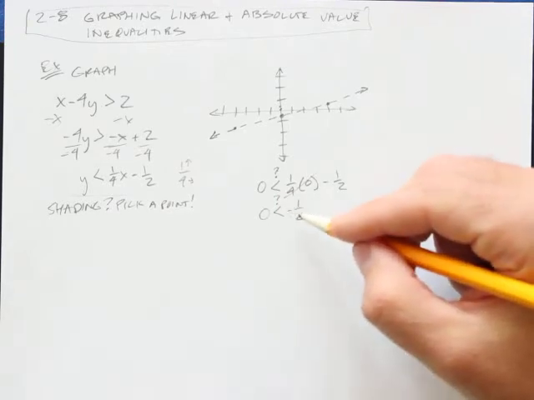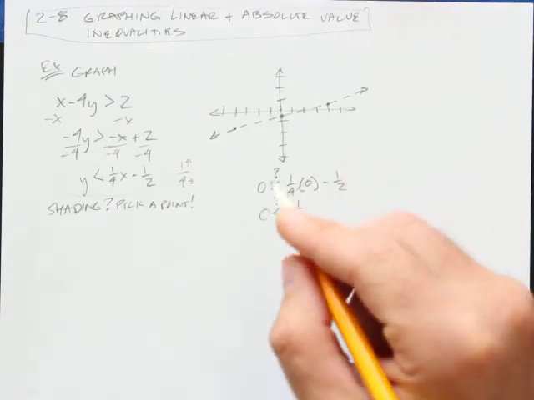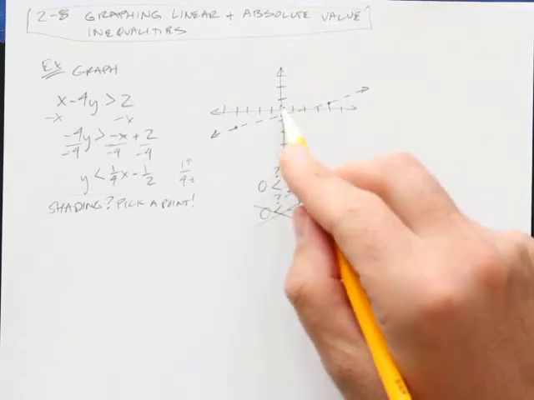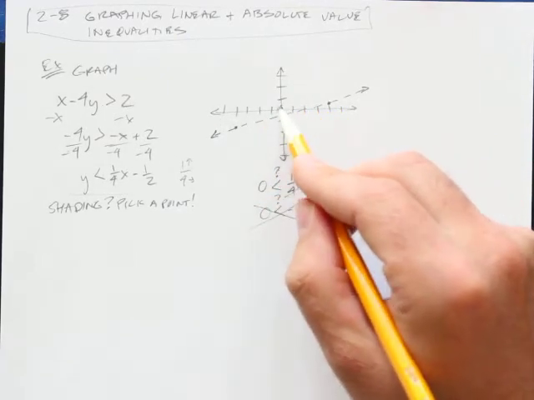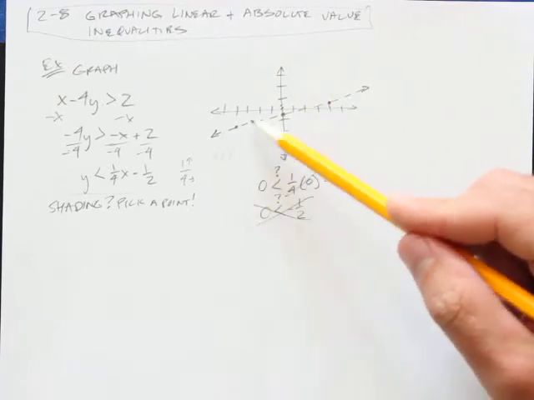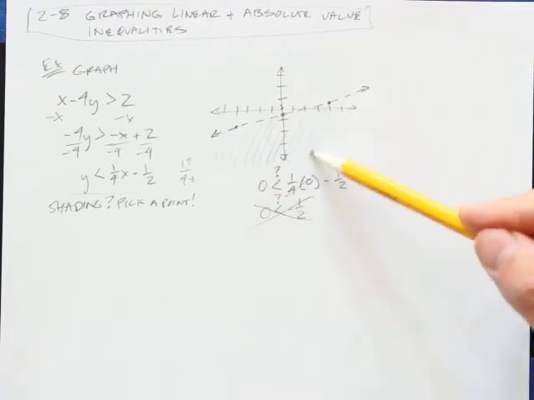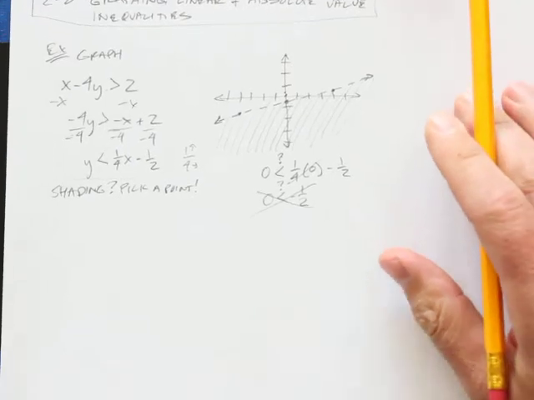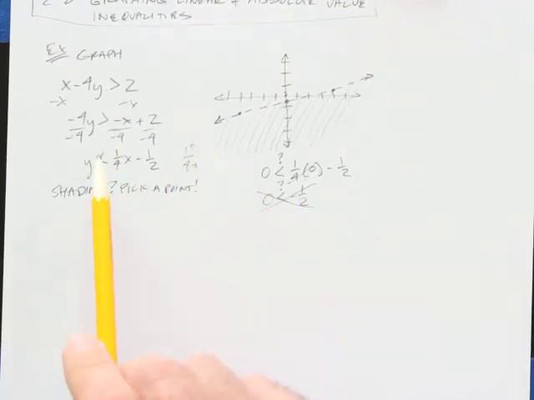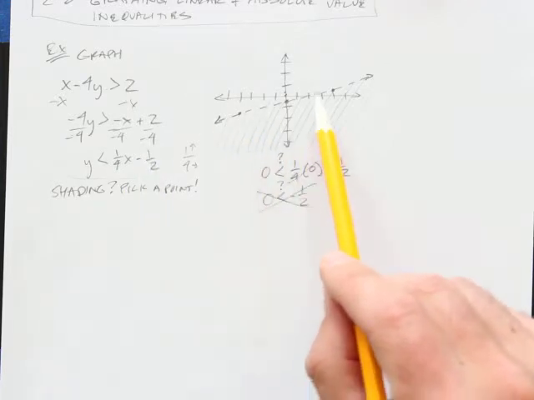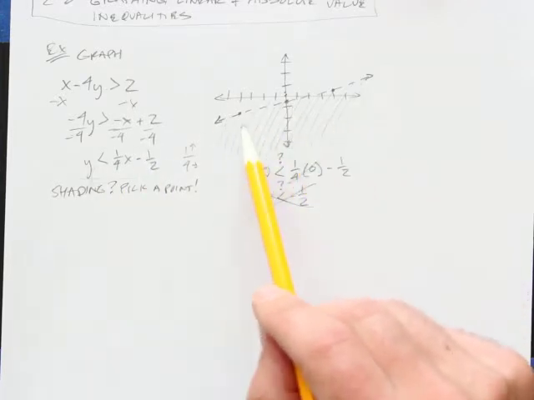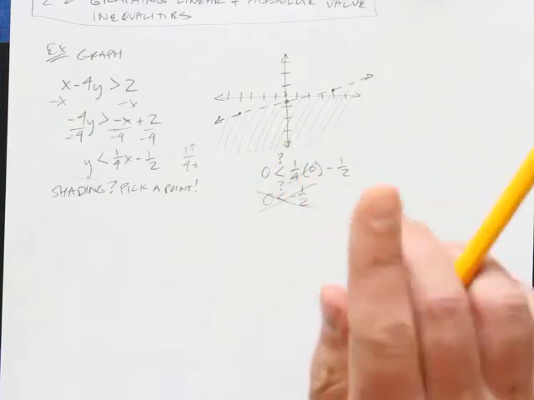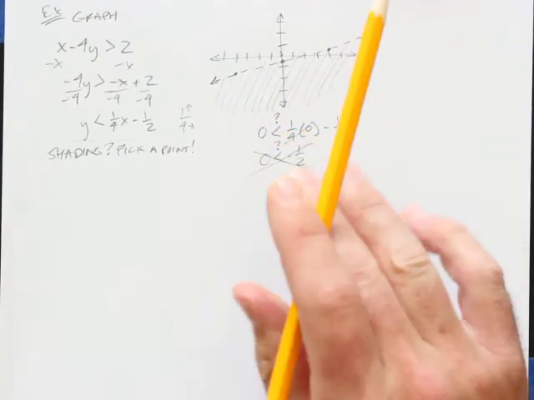So is 0 less than negative 1/2? No, it is not. That doesn't make sense. So that means I'm not going to shade up here because 0, 0 didn't make sense. I'm going to shade down here. Now also notice this says y is less than this function. Here's this function, and I shaded underneath y is less than. Interesting.